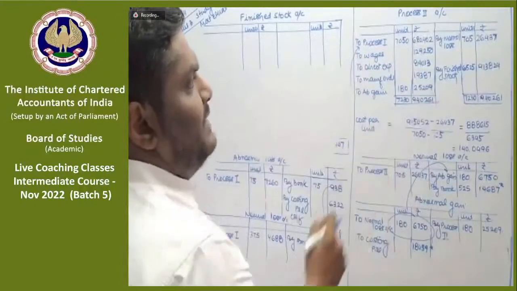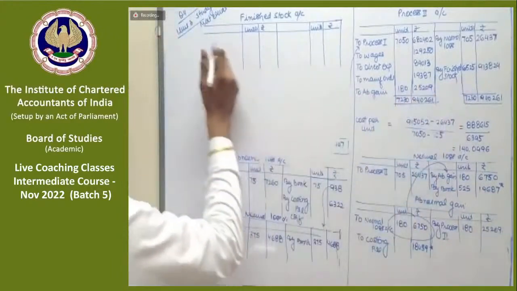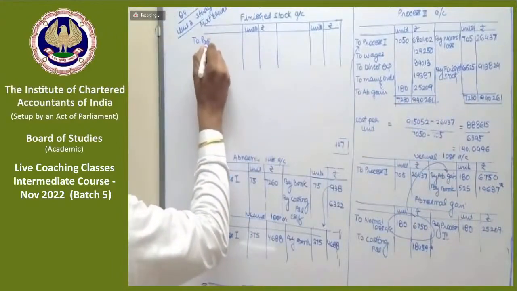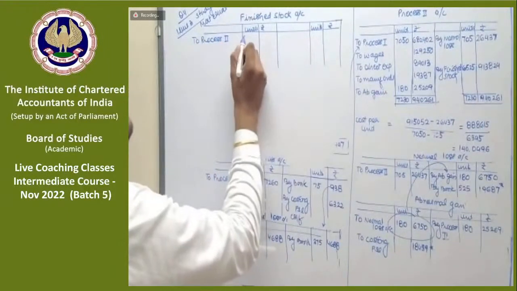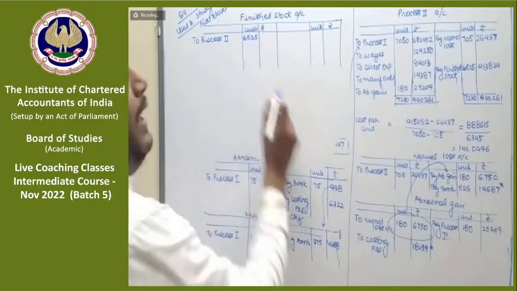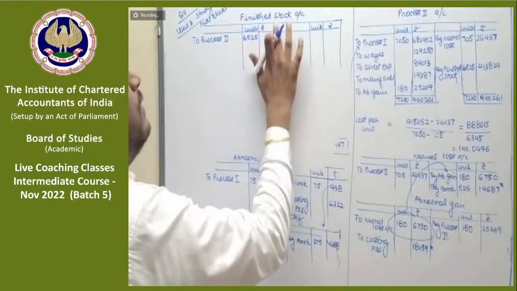The input that is received from process second, that is 6525 units, and the value as calculated is 9,13,824.